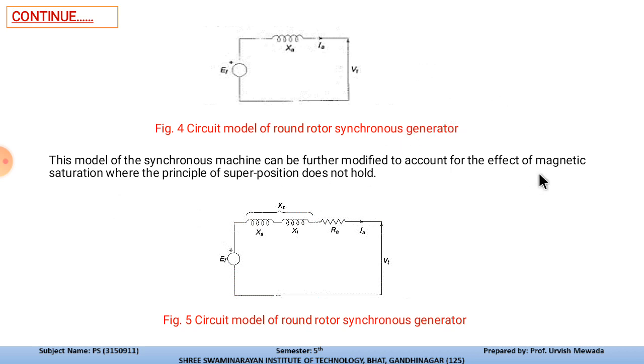That is called magnetic saturation, where the principle of superposition does not hold.